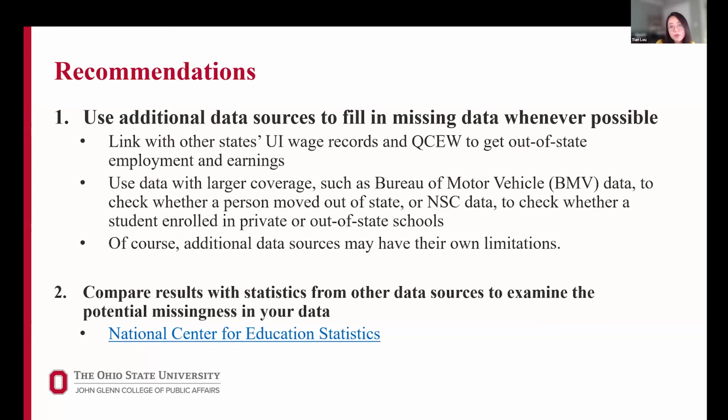For example, the Bureau of Motor Vehicles data is a good resource for you to check whether people move out of state. And again, the National Student Clearinghouse data is good for you to check if a student enrolled in private or out-of-state colleges. But of course, keep in mind that those additional data sources could have their own limitations.